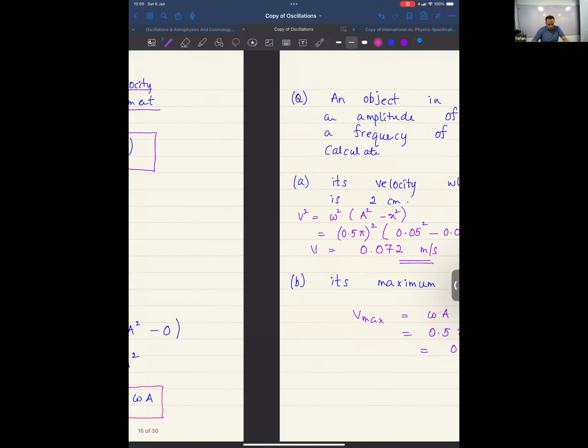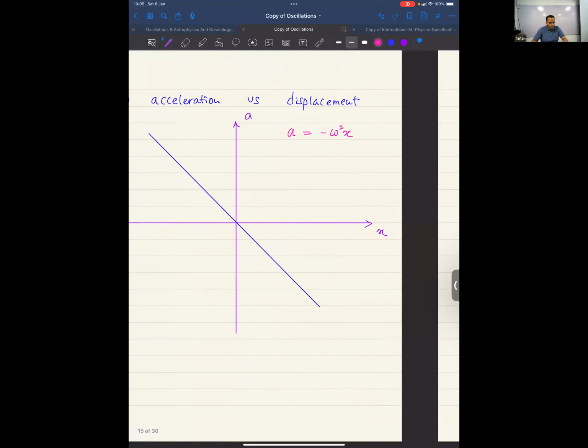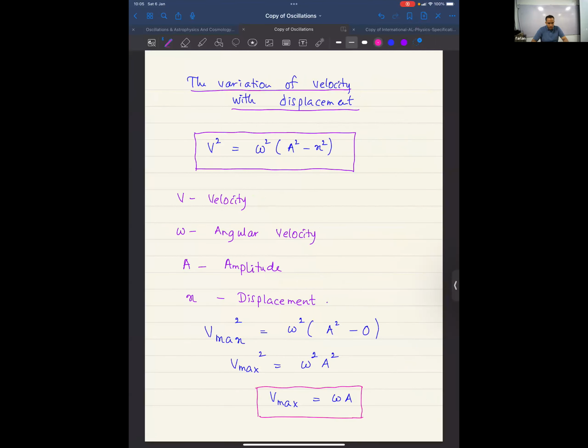Right, on to the next subtopic: the variation of velocity with displacement. The previous equations that we met for displacement and velocity were in terms of time.